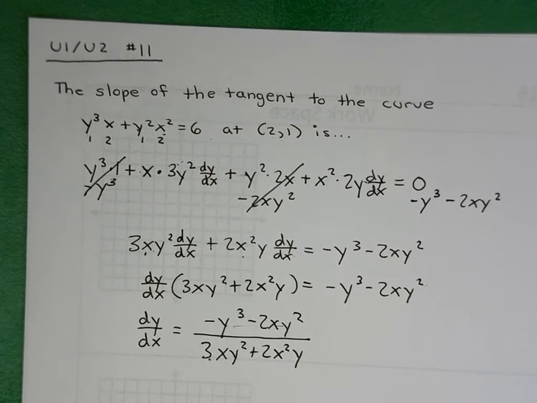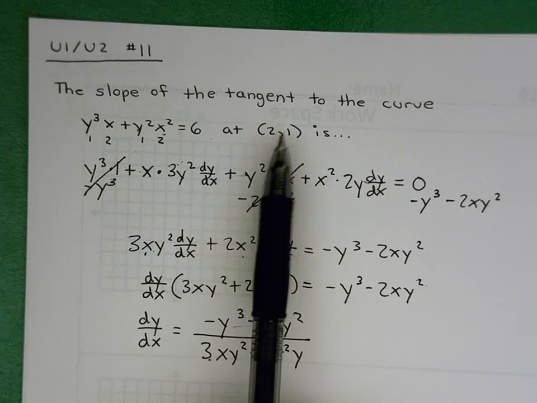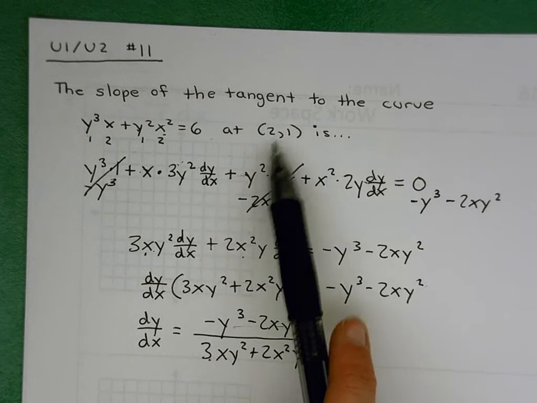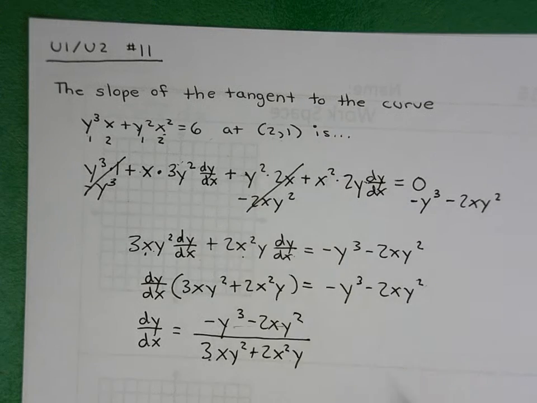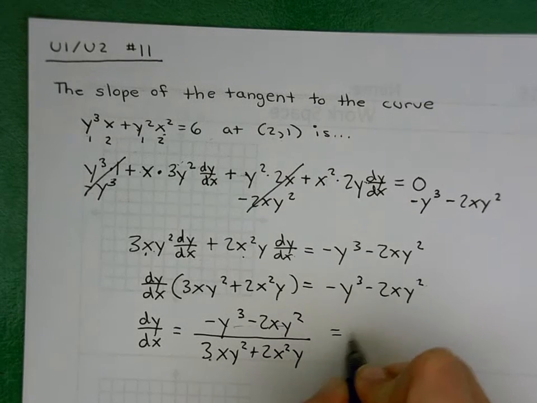Okay, and so since they asked us to find the dy dx at this point, I'm going to go ahead and now plug in 2 into my x, 1 into my y. Okay.